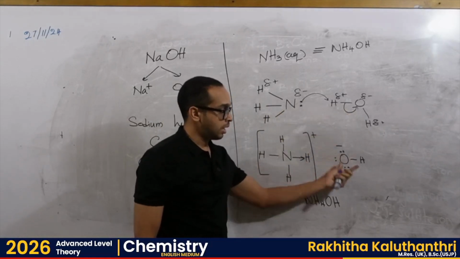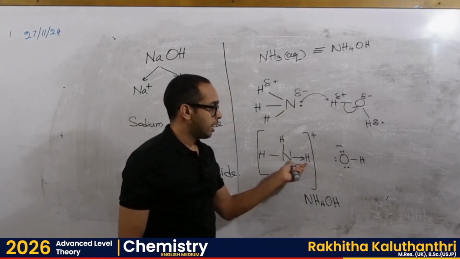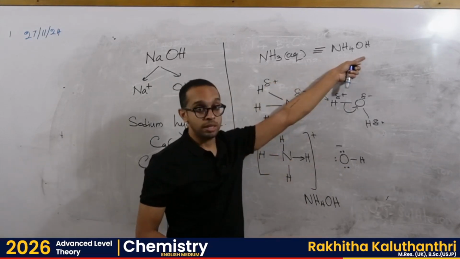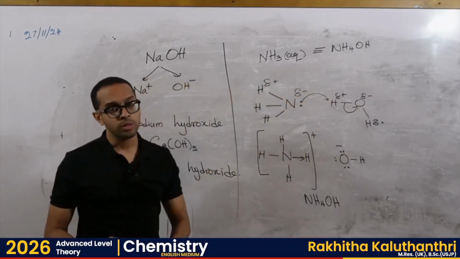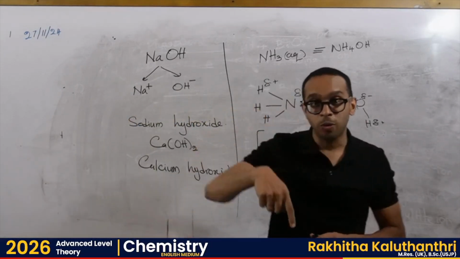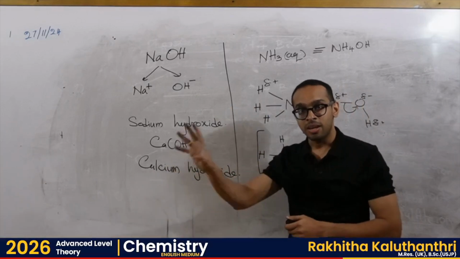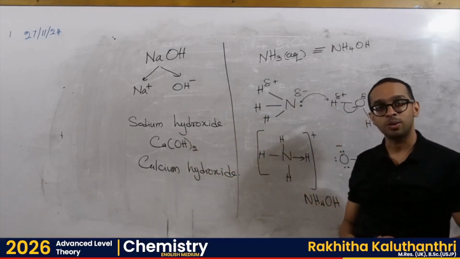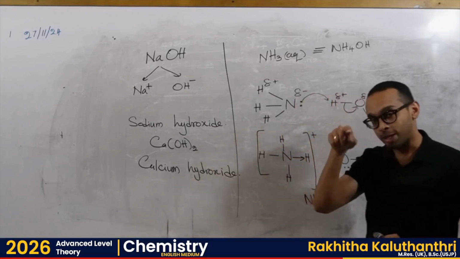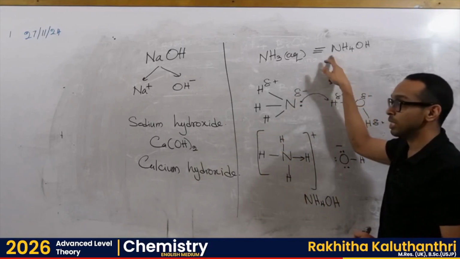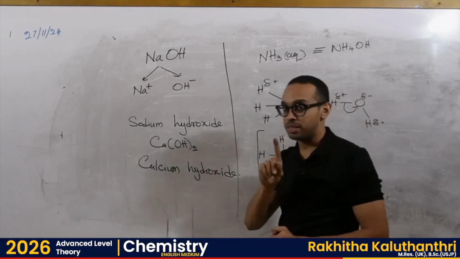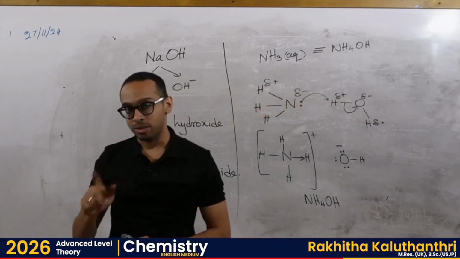It releases hydroxide ions and turns into ammonium ions and forms ammonium hydroxide due to this reaction. So ammonia is also something that, when added to water, releases hydroxide ions. So ammonia is also considered a base. When it is in aqueous medium, what they actually form is referred to as ammonium hydroxide.